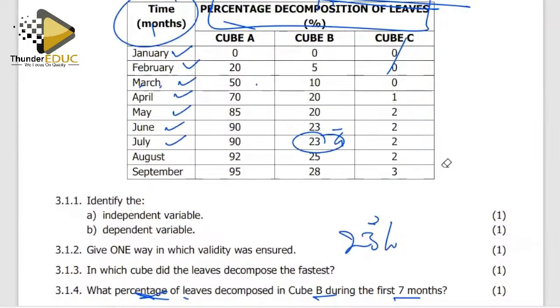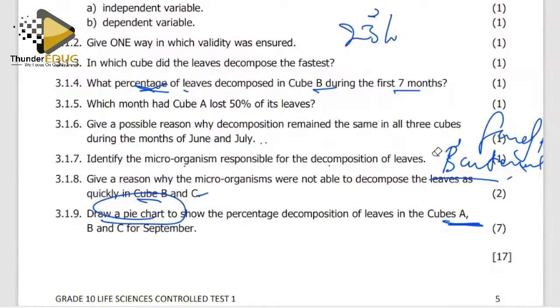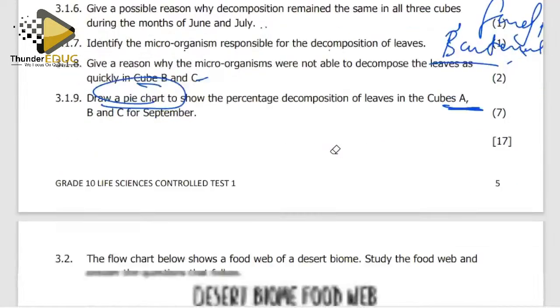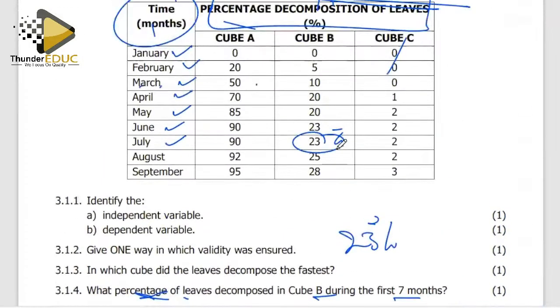We come back here. Did they specify the month? Yes, they specified the month, September. For A, September.